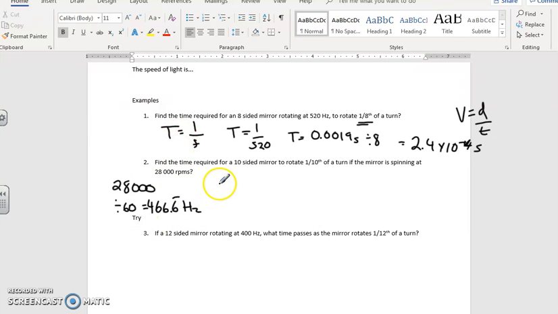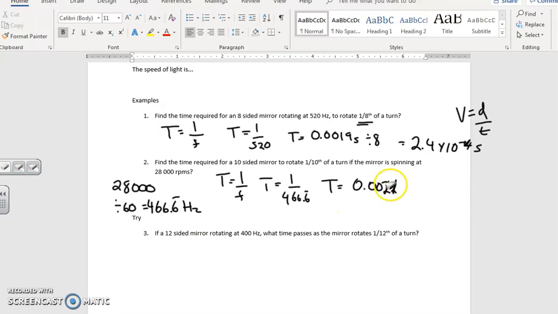Now this runs just similar to number 1. Period is equal to 1 over the frequency. This frequency here is 466.6 repeating hertz, which means that we have a period of 0.001214, 214 seconds.